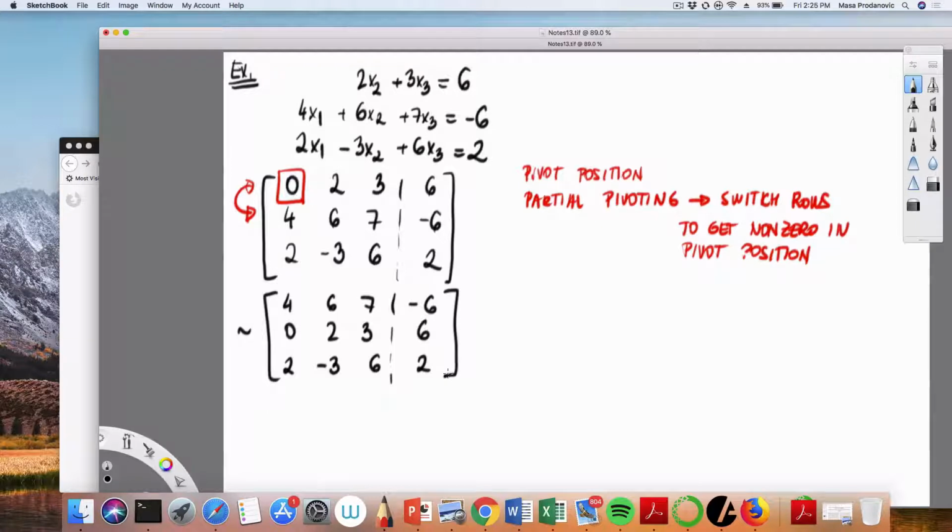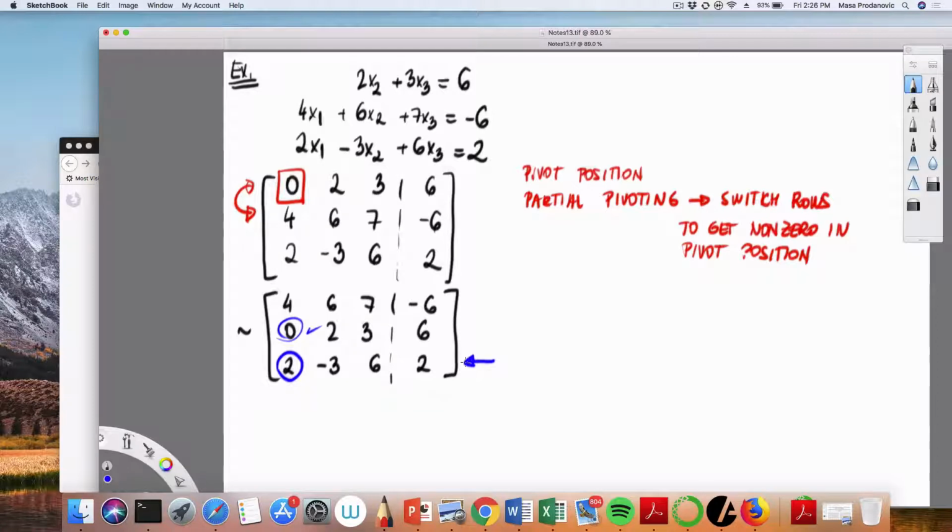No. Okay, so I can just do that. And I already have a 0 here, so yay. Nothing to do there. But I need to focus on this one. So what do you pick to do?